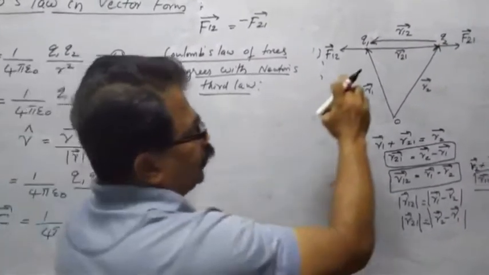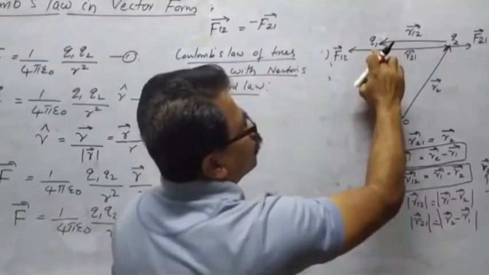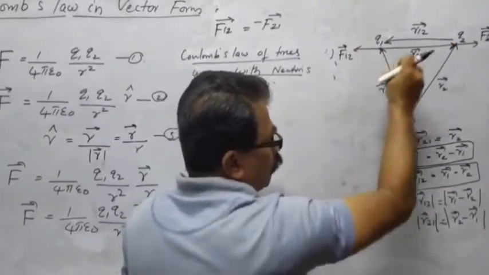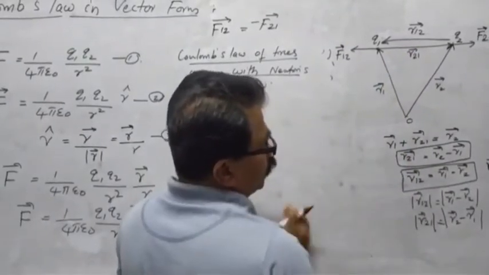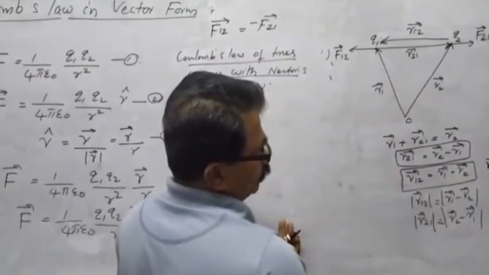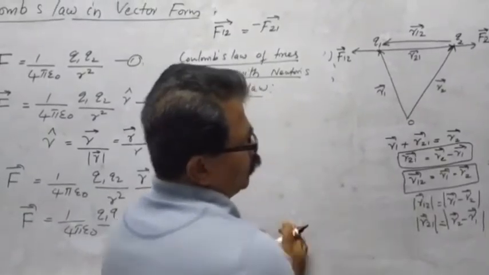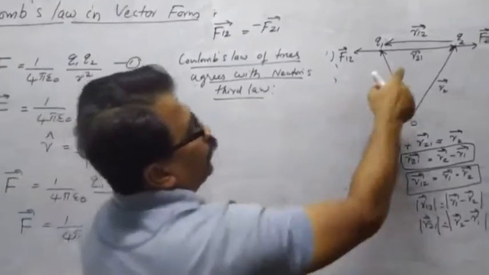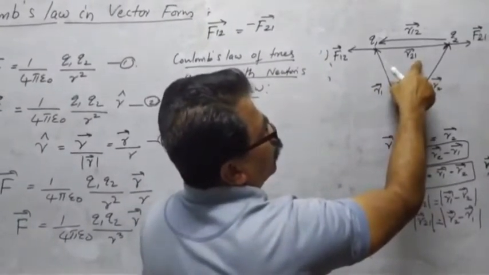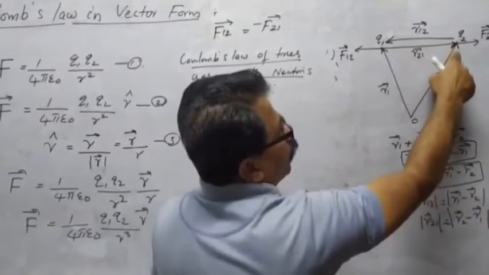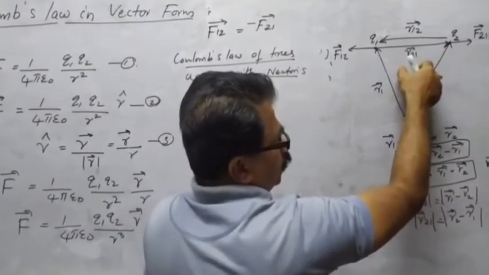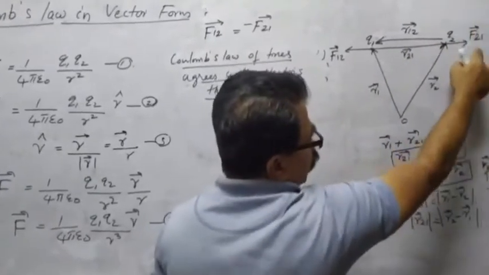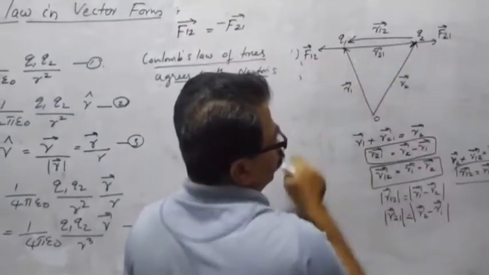For example, if two charges Q1 and Q2 are both positive or both negative, it represents repulsion, and it is found that F21 is along R21.